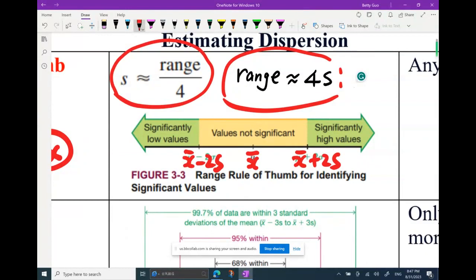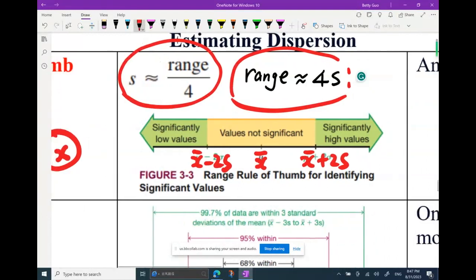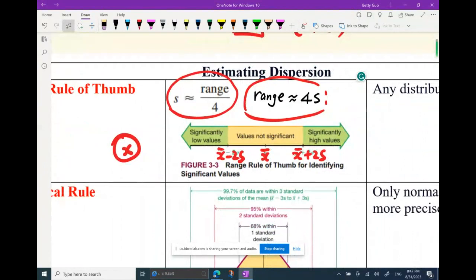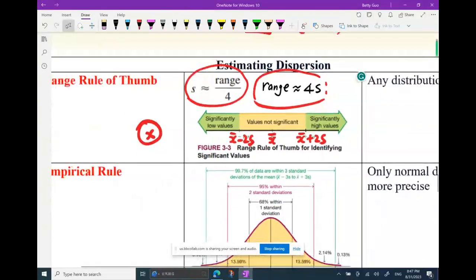If your value is equal to or lower than x bar minus 2 standard deviations, then your value is significantly low. That's the third thing we can do to determine that, to use the range rule of thumb. Does that make sense, everybody?